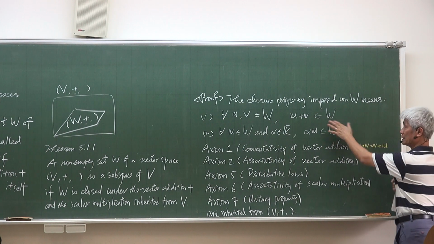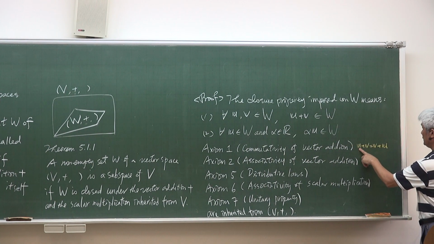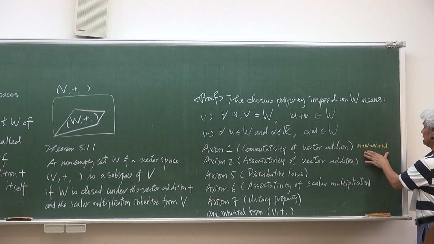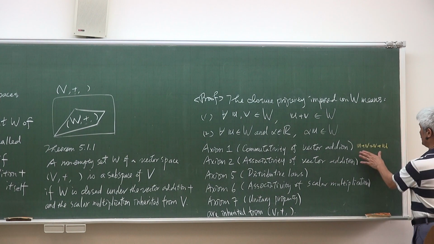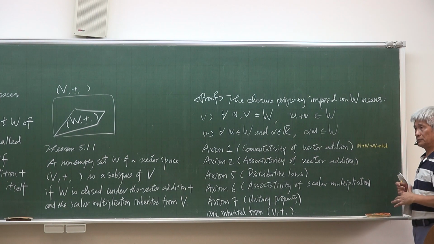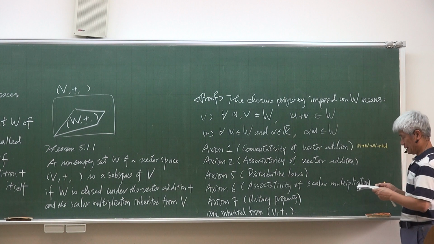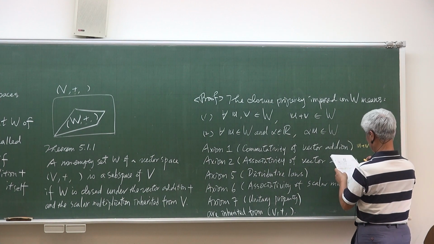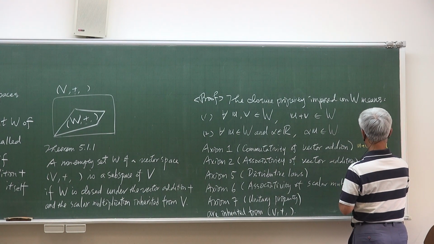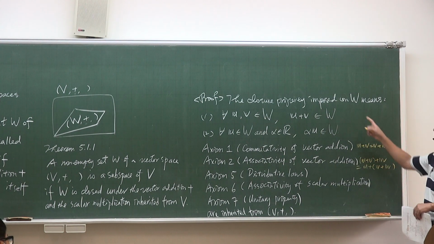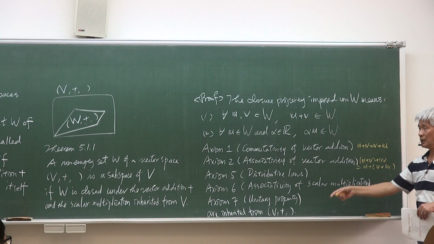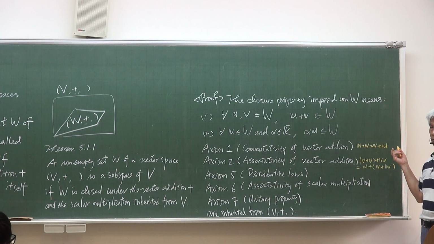Because W is a subset of V. So U, V should be in V, and because it's a vector space, of course this is true. And U plus V plus W equals U plus V plus W. Again, U, V, W in W are also in V. So this is true, of course.